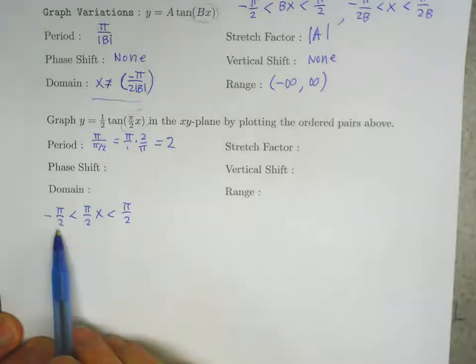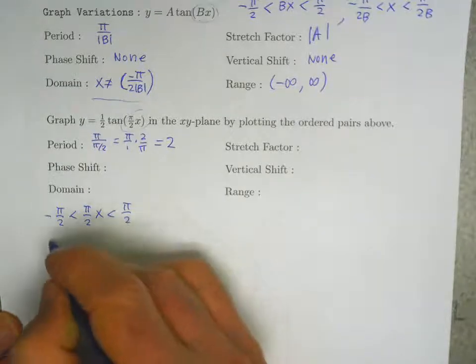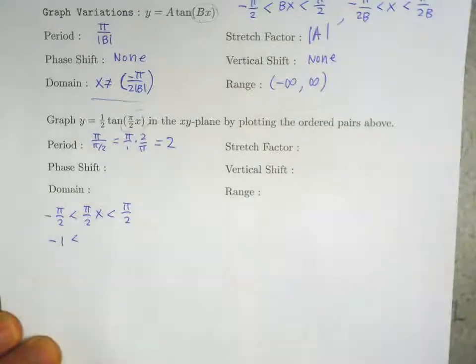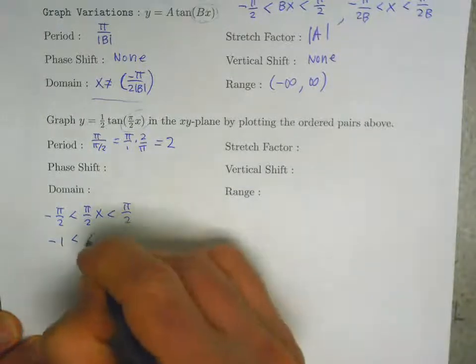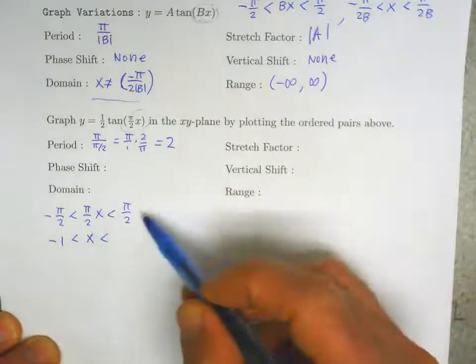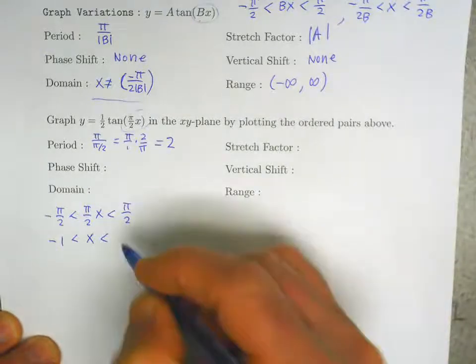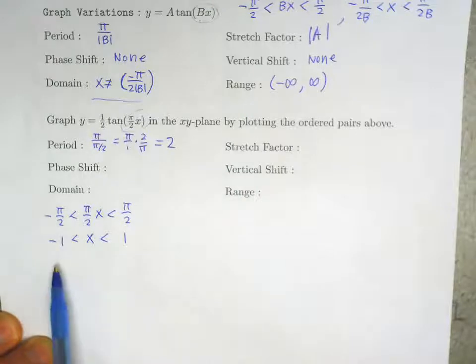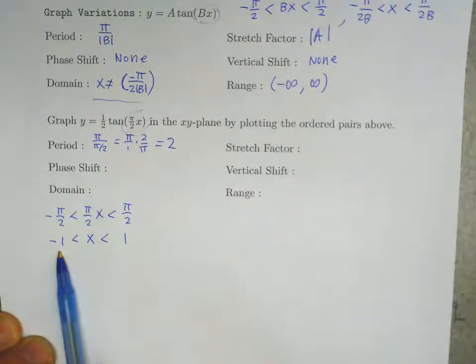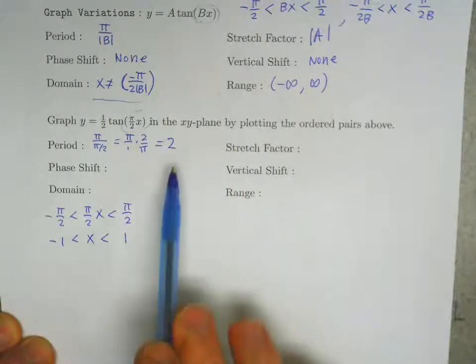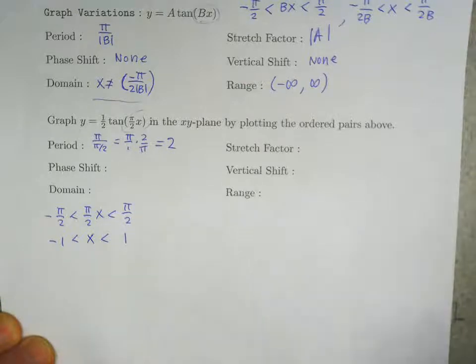Negative pi over 2 divided by pi over 2 is negative 1. Pi over 2 times x divided by pi over 2 is just x. And pi over 2 divided by pi over 2 is 1. So the length of this interval is 2, so the period is 2.